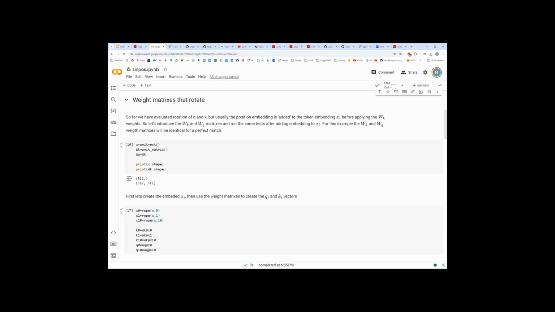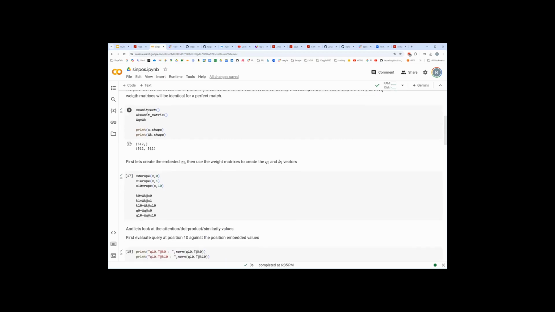So the idea here was that you would take an unrotated matrix, or actually a residual stream that had rotation in it, and you would add some amount of rotation to reference back to some prior token.